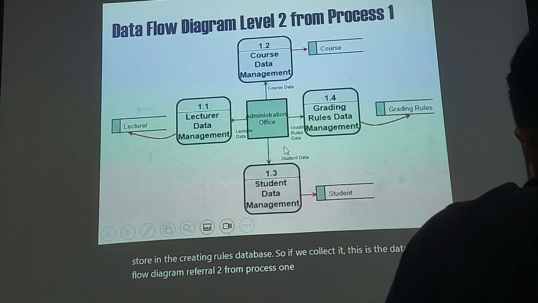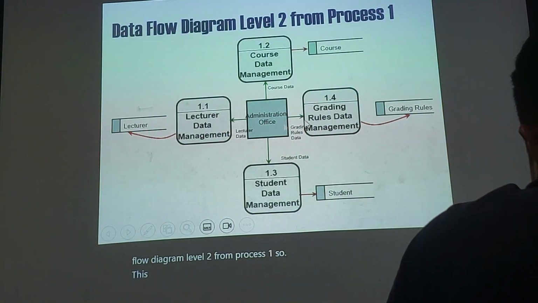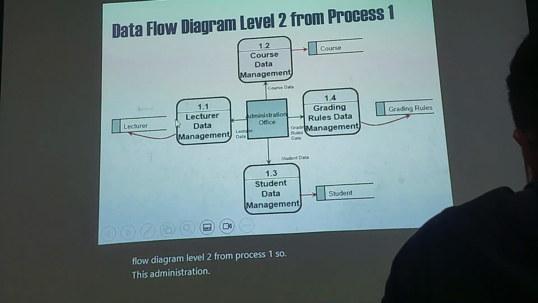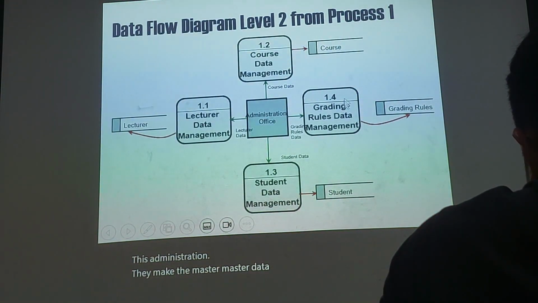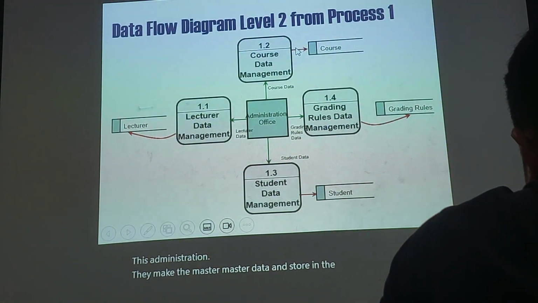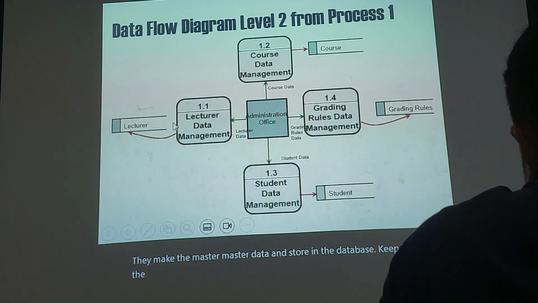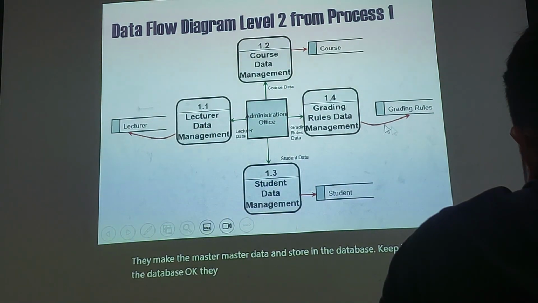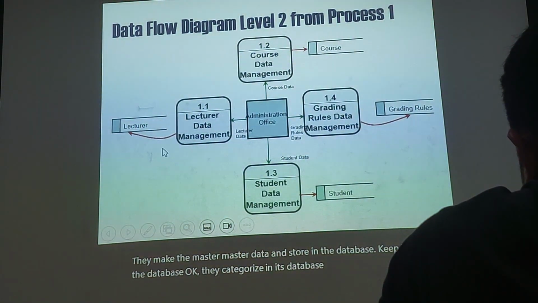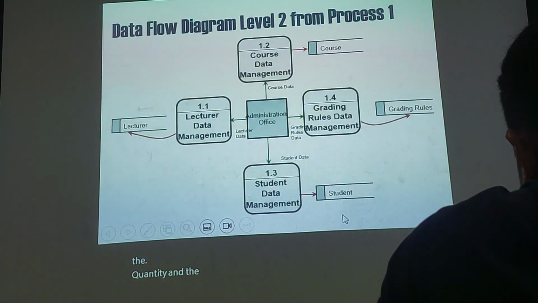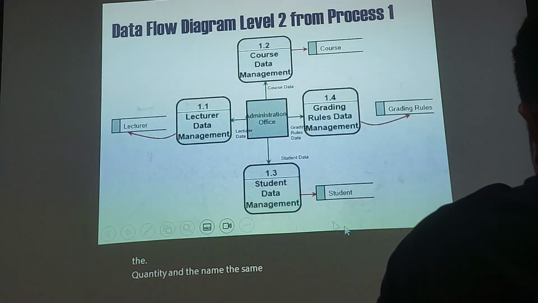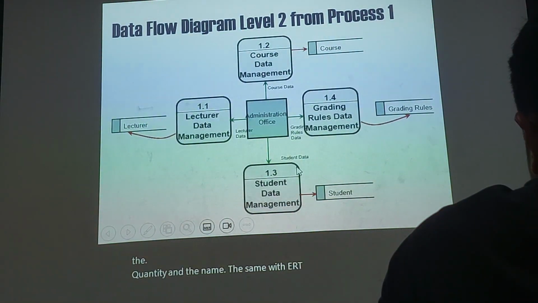So the administration makes master data and keeps it in the database. They categorize it in its database. This is based on the ERD, so the quantity and the names are the same as the ERD in this data flow diagram.